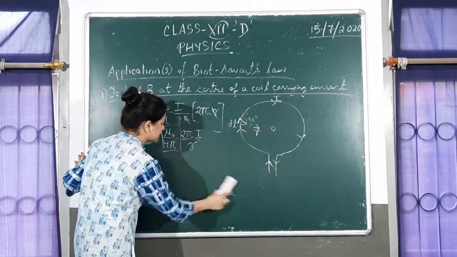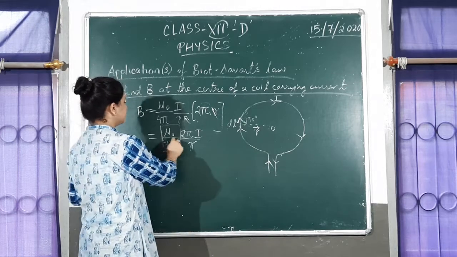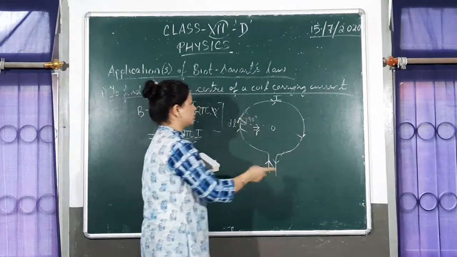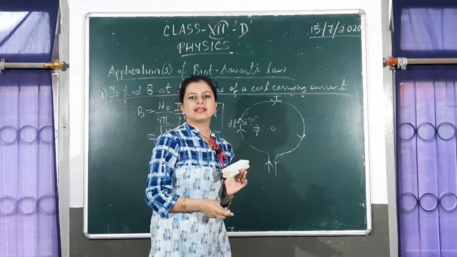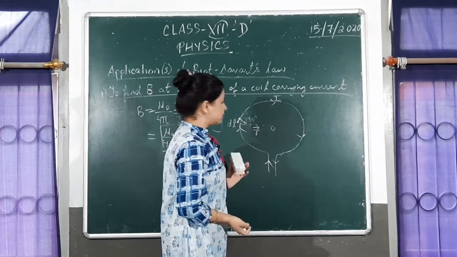This is about one turn of the wire. If the wire has just one turn, it will be 2 pi into I. But what if it has n number of turns? One turn carries current I. If it has 2 turns, it will be carrying the current equal to 2I. If it has 3 turns, it will be carrying 3I.